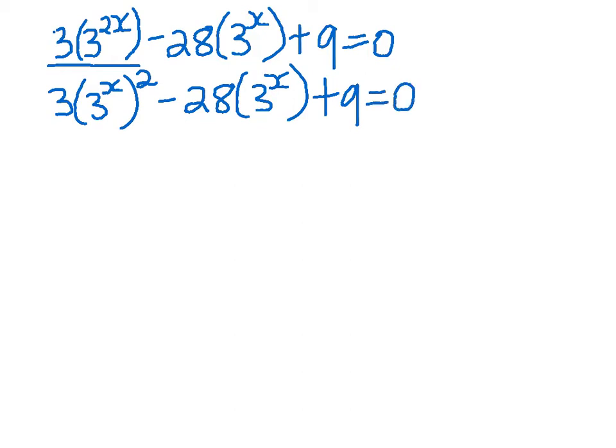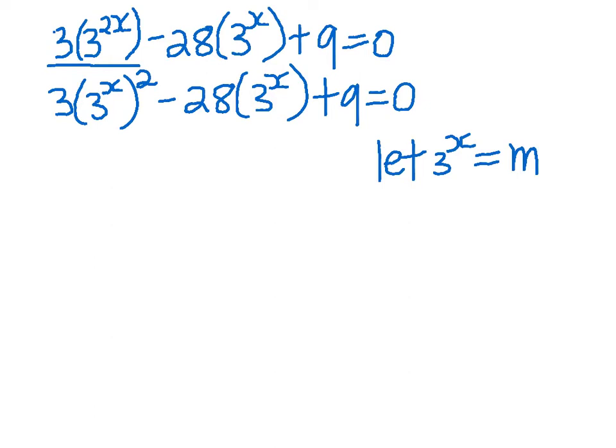Now, if we set this 3 to the x, and we could say let 3 to the x be another unknown, for example, it can be any unknown. I probably wouldn't let it equal x because it could get a little bit confusing. And you can say, I'm going to let this one equal m.